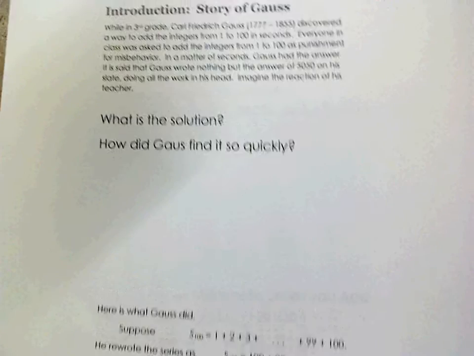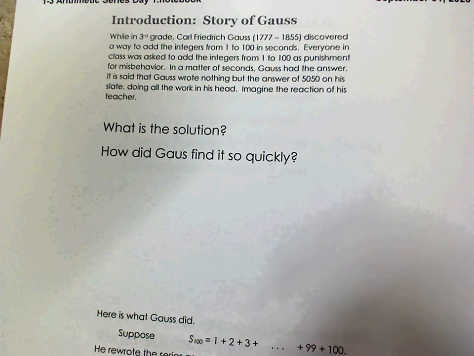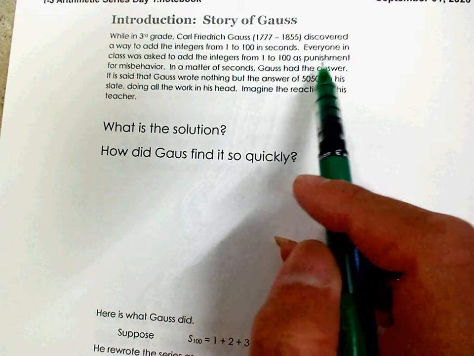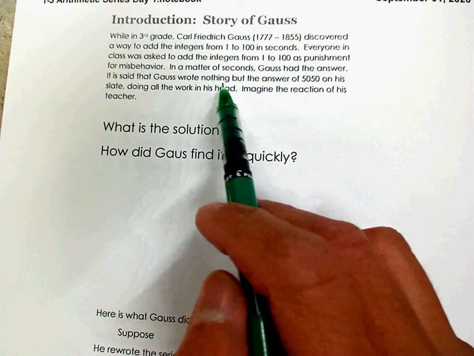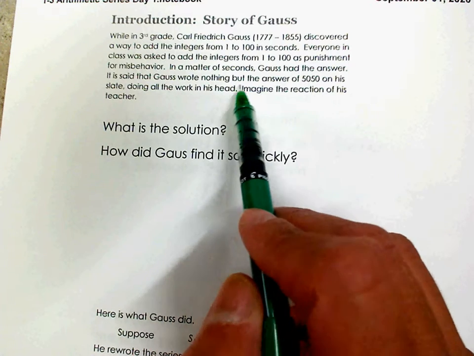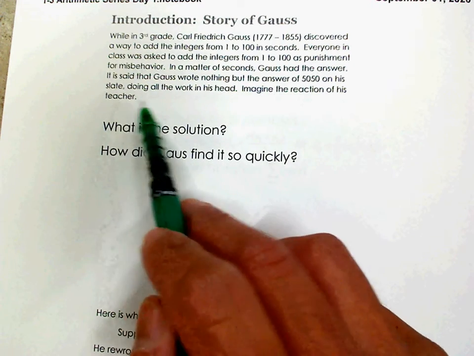A long time ago, there was a guy named Carl Gauss who discovered a way to add the integers from 1 to 100 in seconds. Everyone in class was asked to add the integers from 1 to 100 as punishment for misbehavior. In a matter of seconds, Gauss had the answer. It is said that Gauss wrote nothing but the answer of 5,050 on his slate, doing all the work in his head.